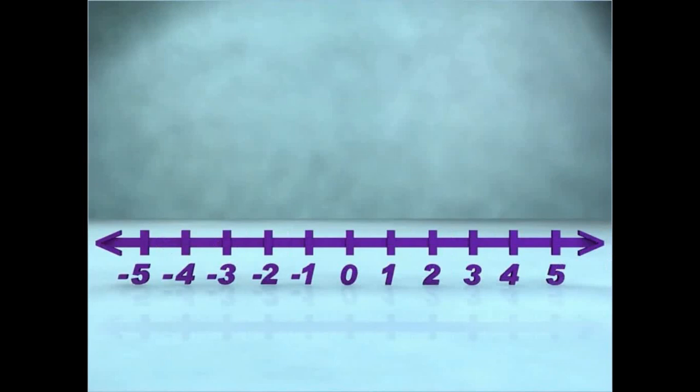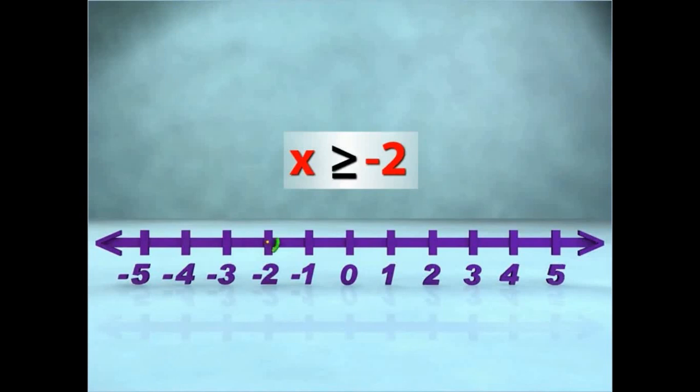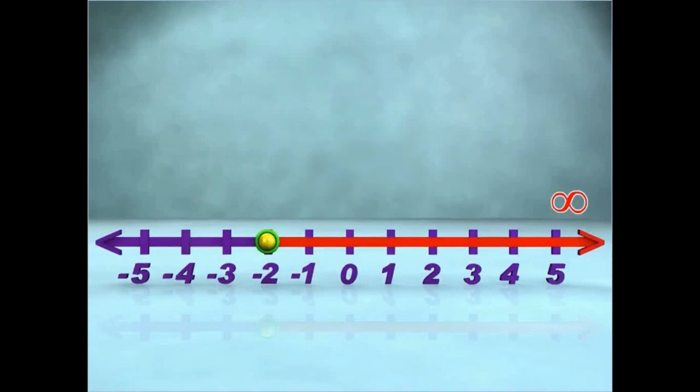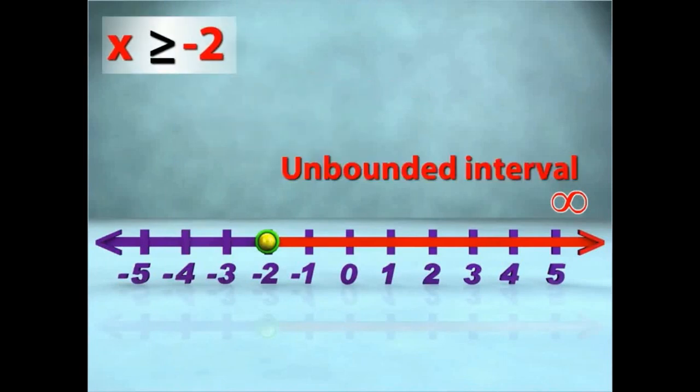Now, what if you need to represent a set of real numbers greater than or equal to -2? This set is an infinite set, as there are infinite real numbers greater than -2. Such intervals that represent infinite sets are called unbounded intervals.